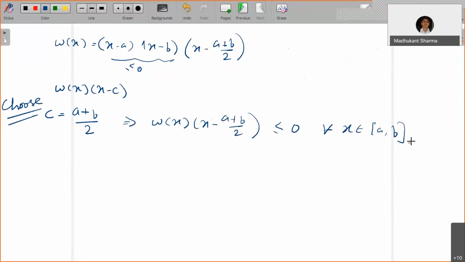And you can now apply the mean value theorem for integral calculus, and then you can finally derive the error term.